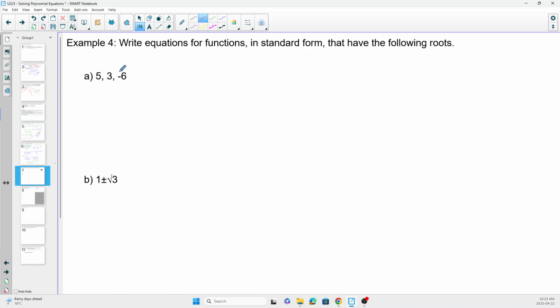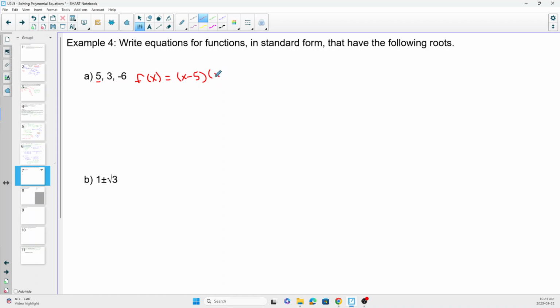So like if this was on a test, I would say write an equation for the degree 3 polynomial with the following roots, and that would confirm that these are order 1 factors. We are going to assume that these are order 1 factors just for the purpose of this. So f of x is equal to, if we have a solution at positive 5, then we have a factor at x minus 5.